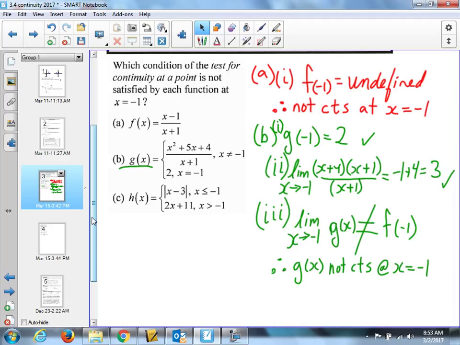Now, I didn't bother with the picture for the first one, because I think you're familiar, but maybe not. If I had a graph here for this one, at -1, you would have had an infinite discontinuity, right? And you would see, okay, definitely not continuous.